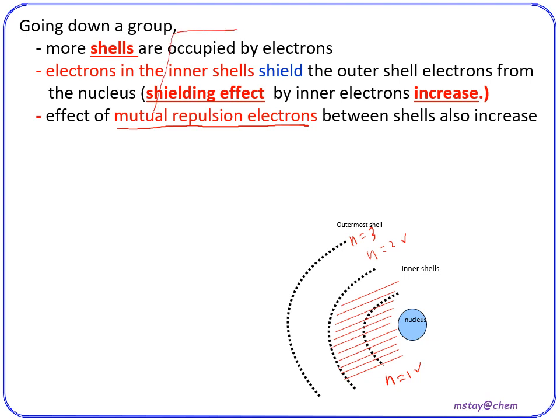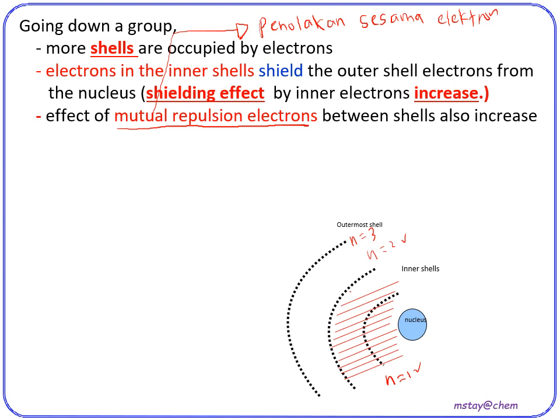Mutual repulsion here means repulsion between electrons, between the shells. It is increased because electrons possess the same charge, so they repel each other.